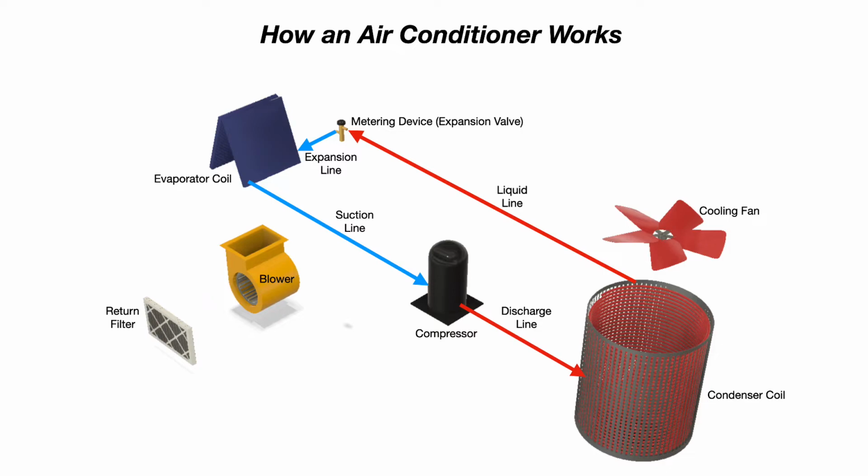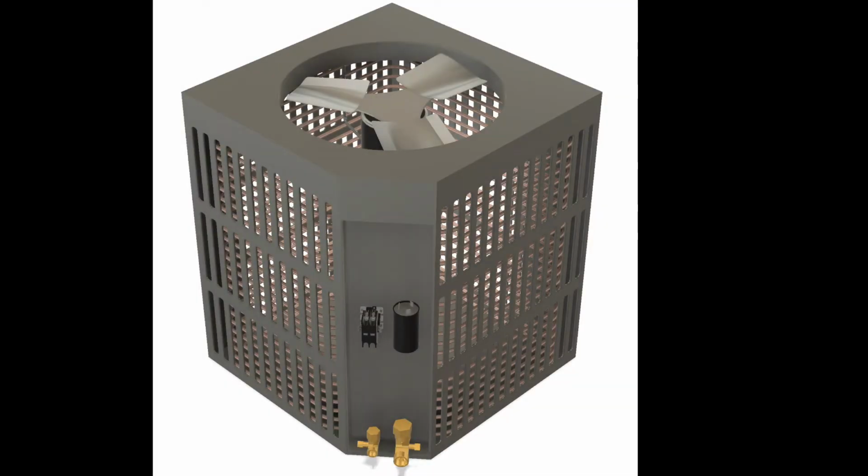So how a refrigeration system works is you have a condensing coil on your house that would sit outside. The condensing coil is the heat rejector.